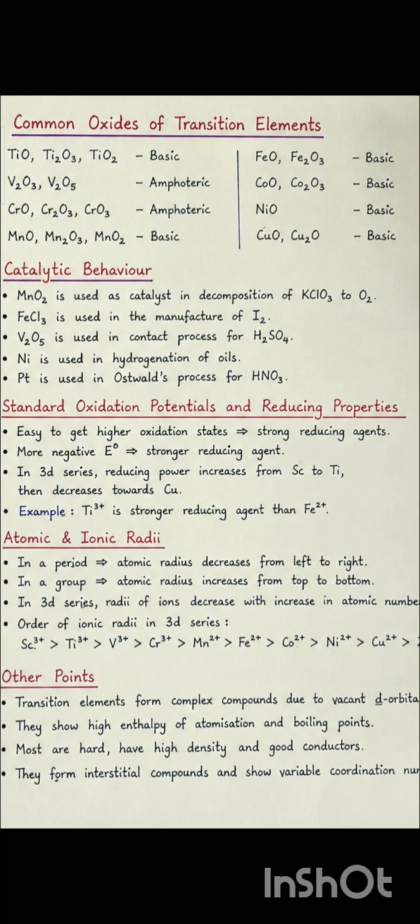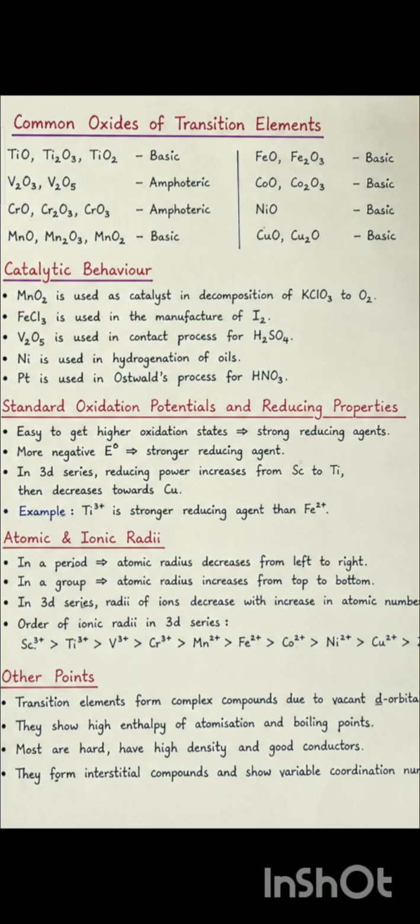And MnO2 is also amphoteric. MnO3 is acidic. Mn2O7 is also acidic. If manganese has +6 and +7 oxidation state, we have to consider that one as acidic. And Fe2O3 is also basic, like that. And NiO is also basic, Cu2O is also basic, and CaO also basic.